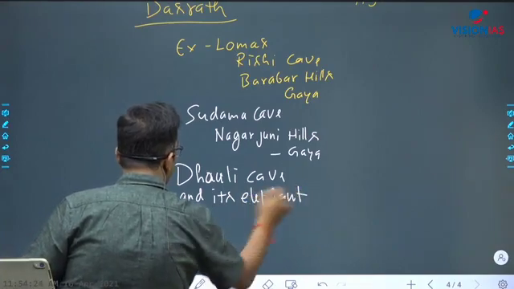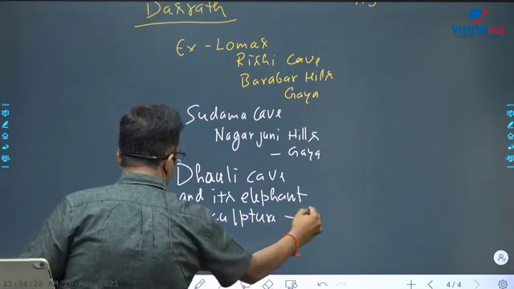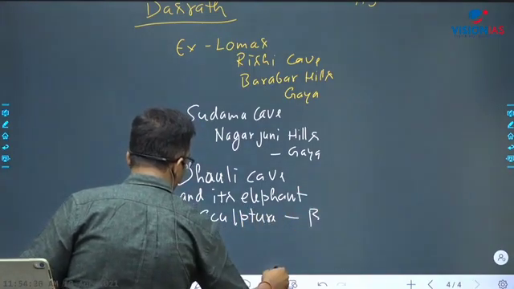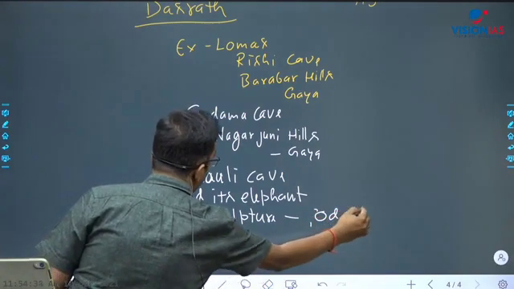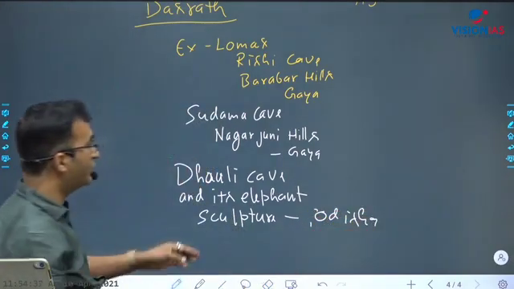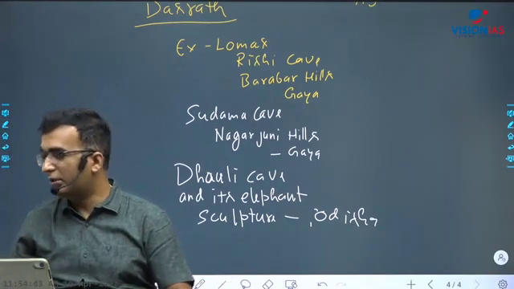This one is from Odisha. Outside this Dhauli cave, a beautiful elephant sculpture was created, but right now the cave is gone. Only the sculpture is remaining.